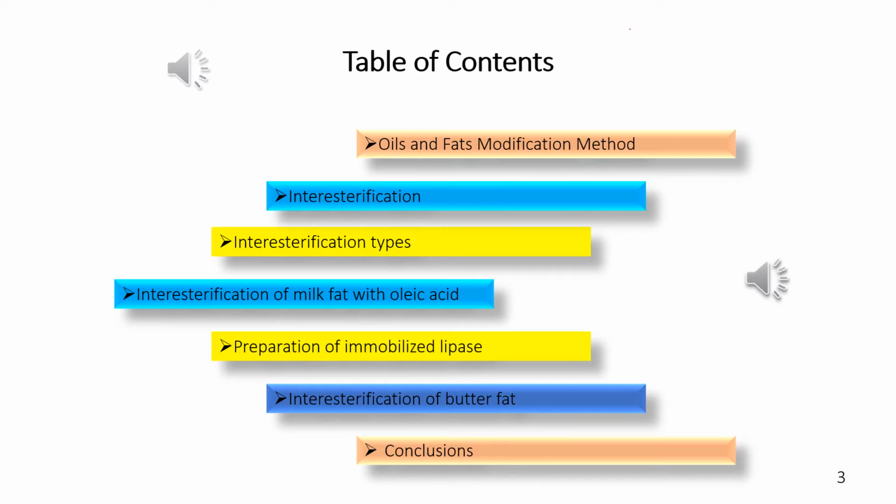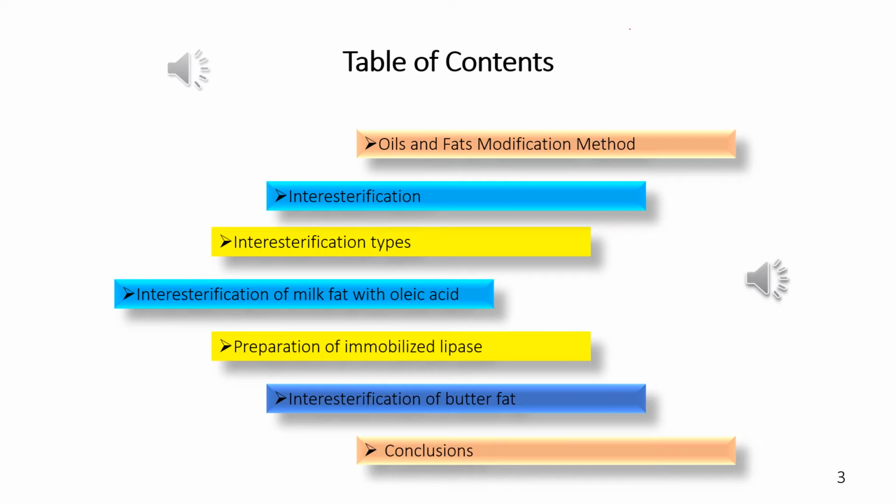So we can use single processes like hydrogenation, fractionation, and interesterification one at a time, or we can also use two processes or two methods of modification at a time. We can couple two processes at a time.